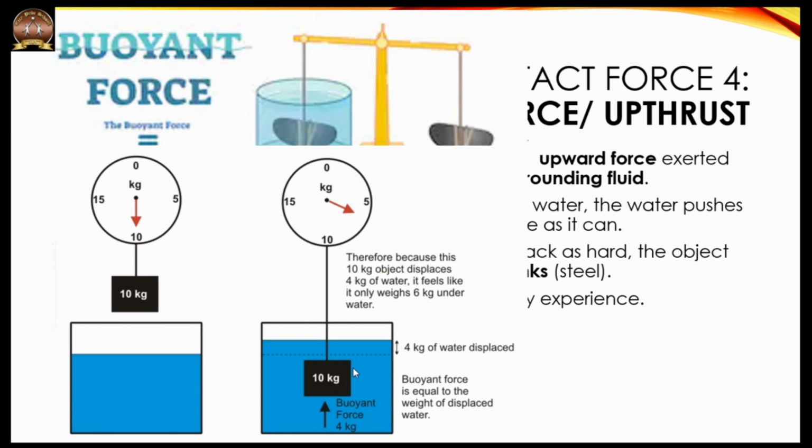If we remove this weight of displaced water from the weight of the object before we immerse it in the water, we would get the weight of the object when it is immersed in water, which would be lesser than its weight when it is outside the water. This is why objects feel lighter when they are placed in water.